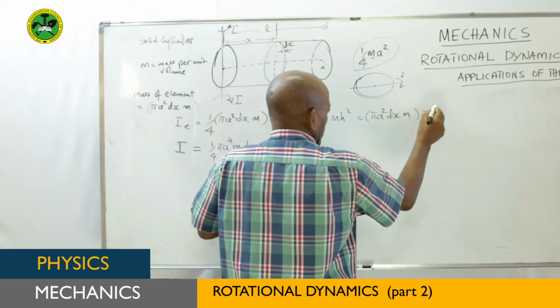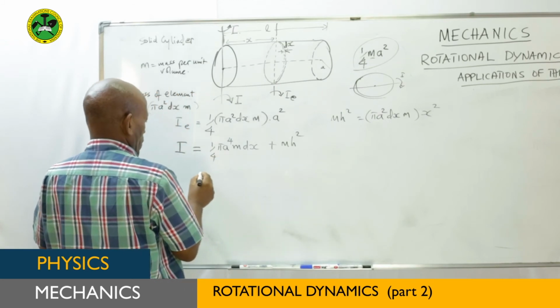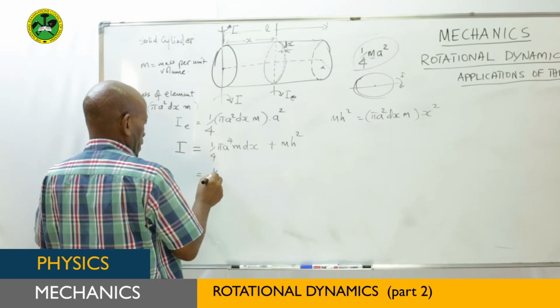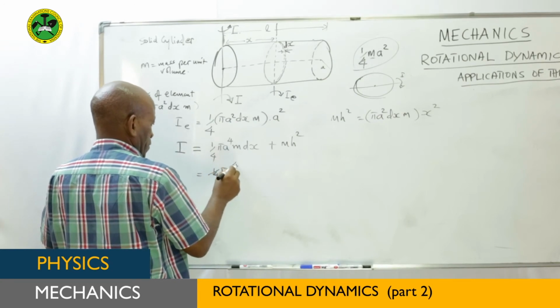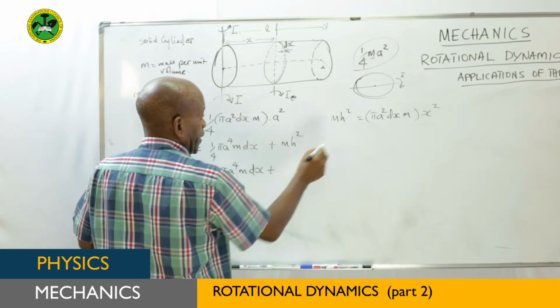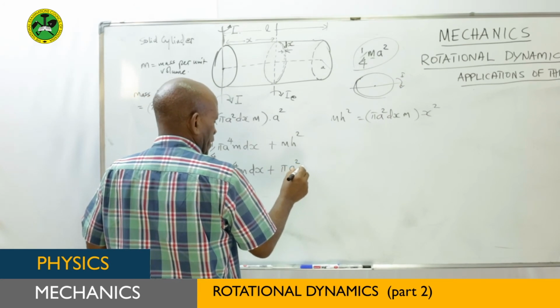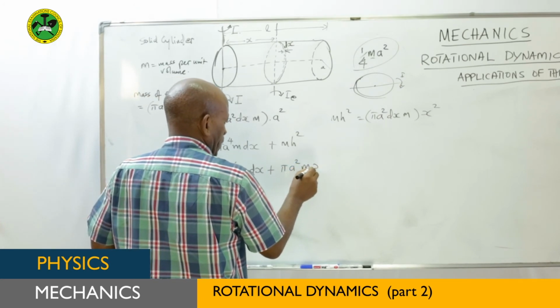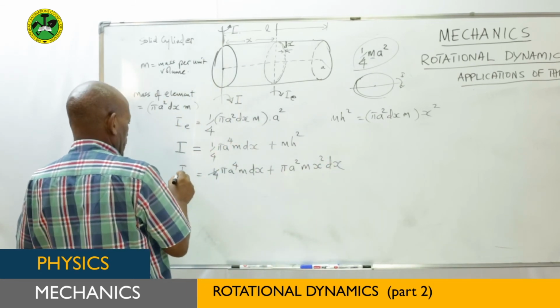So we have 1 over 4 pi a power 4 m dx plus m h squared, which will be equal to pi a squared m x squared dx. This is the moment of inertia.